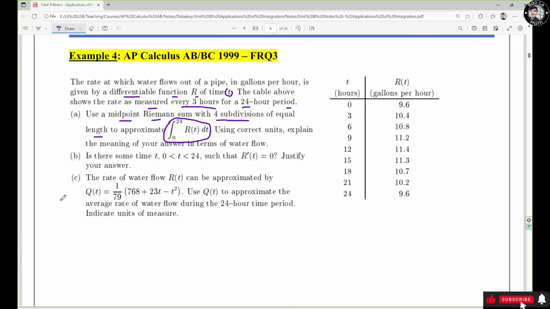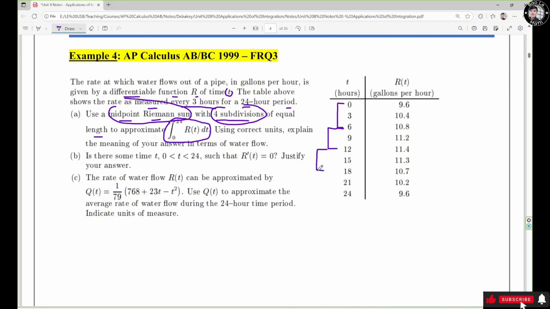Alright, so this one is the midpoint Riemann sum and 4 subintervals. Right? So you see that the first interval should be right here. The second interval should be from here to here. The third interval should be from here to here.